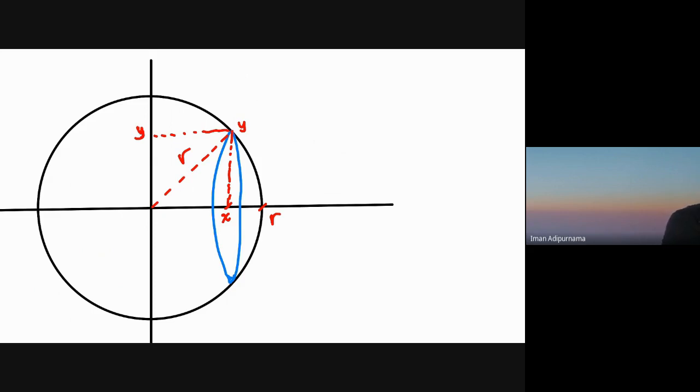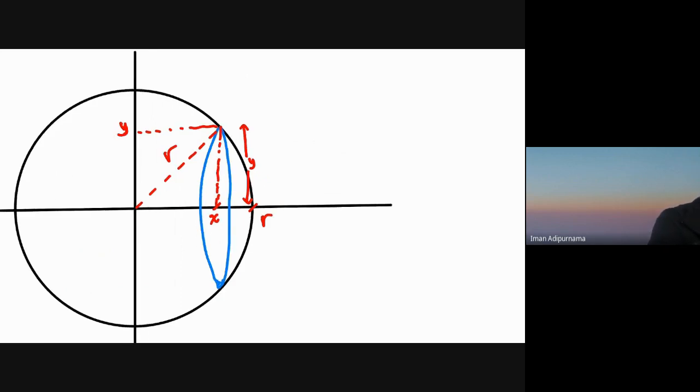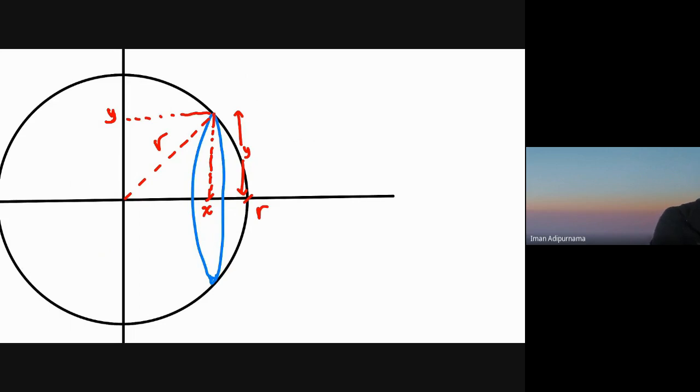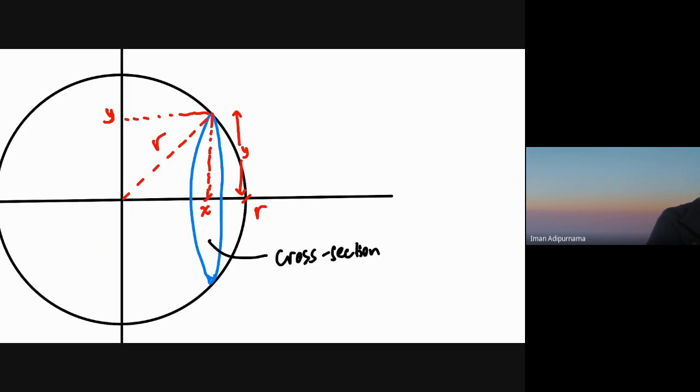I mean, Y is the height. The cross section is a circle.